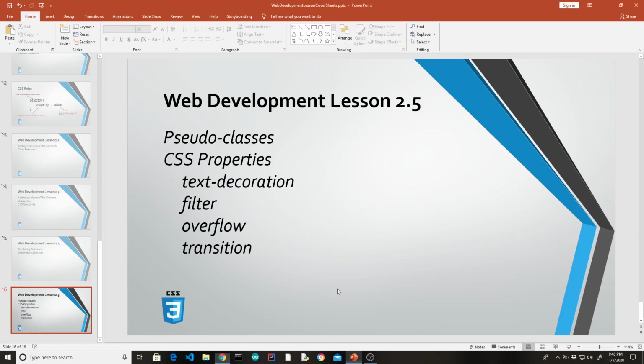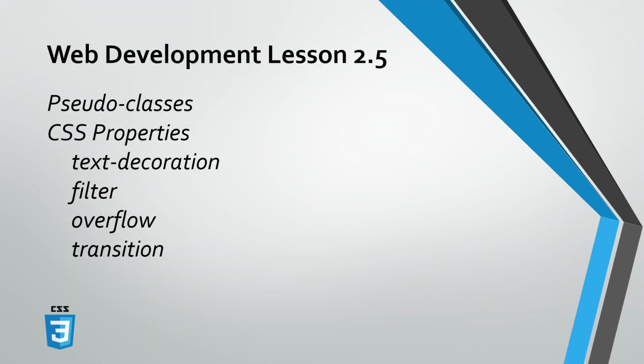So let's get back to our presentation. In this lesson, we covered the hover pseudo-class. There are many different pseudo-classes, which provide another layer to the way you can select elements on your web page. But the hover one is cool because it's an effect that happens when you hover over a particular element.